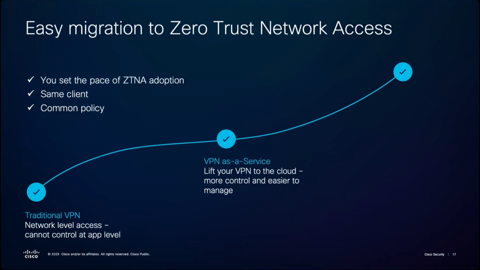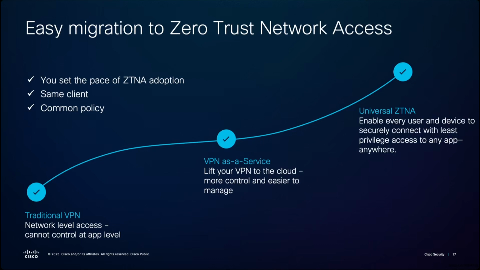What I mean by VPN as a service is a true VPN delivered as a service, not delivered via a virtual machine or a firewall device that you're still managing. In the case of Cisco Secure Access, we're delivering VPN as a service where we're allowing you to lift and shift this VPN service into the cloud by providing you more control and easier access to manage these resources. And ultimately, the goal is to be able to hit Universal ZTNA, where we're going to be able to provide all the capabilities that we outlined previously.